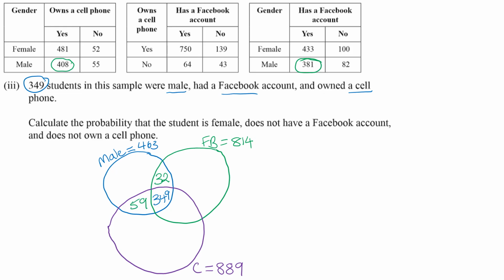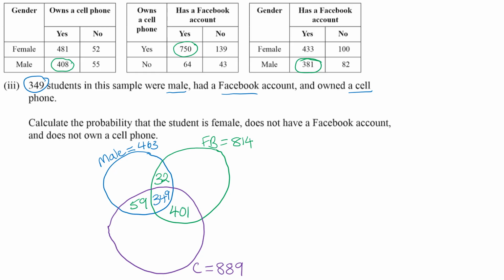And you can see where I'm going to go next is that other middle section. So the 349 plus something will make our total of all the people that have Facebook and cell phone together. So if we look at this middle section, Facebook and cell phone, that needs to come to 750 in total. So take off the 349 and we will get 401.